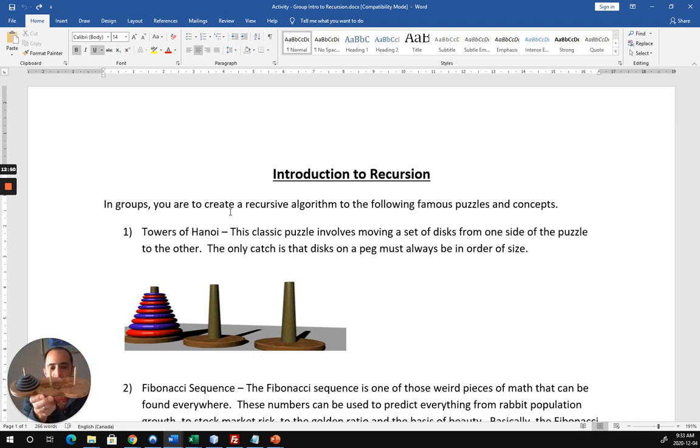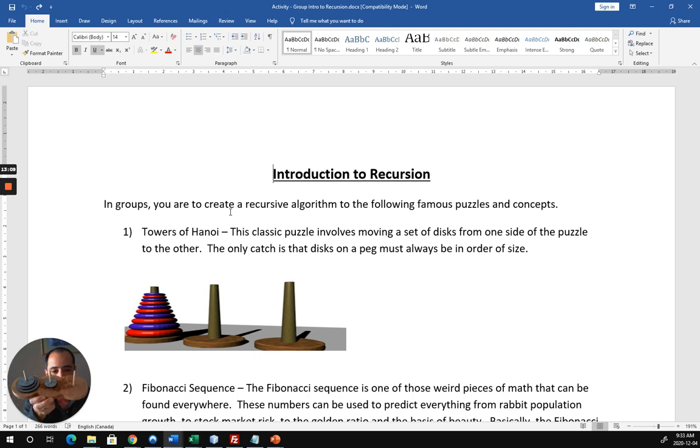But the rule is that you can only do it by moving one tower at a time. That's rule number 1. And rule number 2 is that you cannot have a larger tower on top of a smaller tower. It's not allowed.